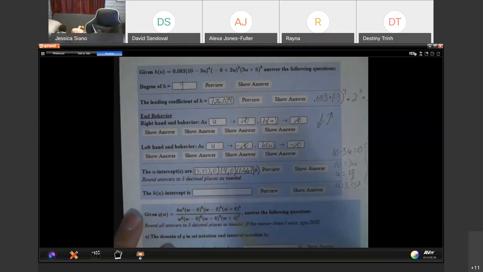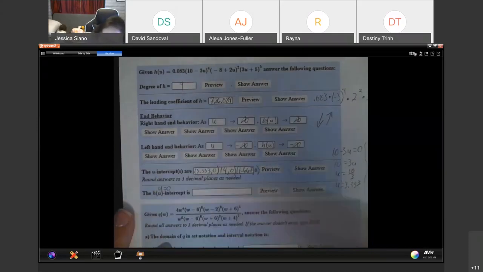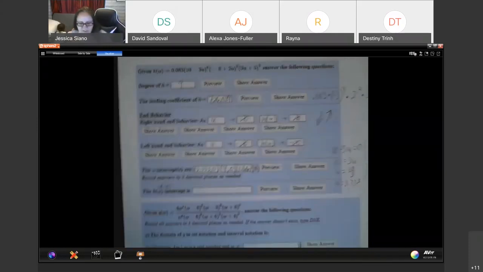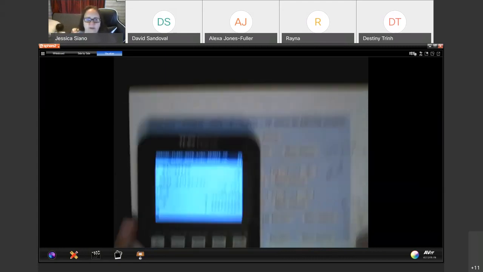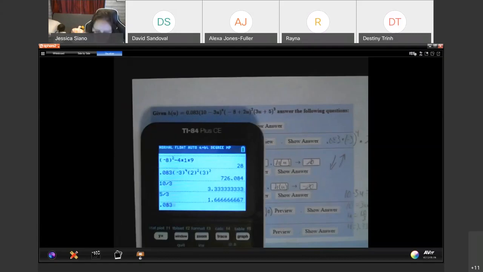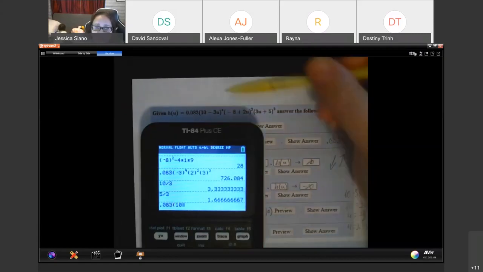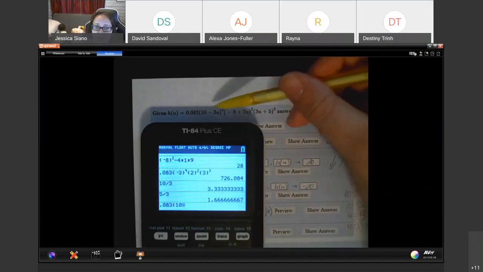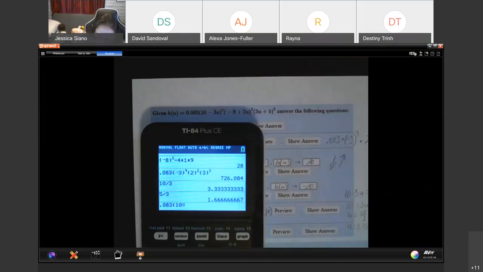And then my h of u intercept is when u equals 0. So I'm going to come back up here and I'm going to say 0.083 times 10. Now this minus 3 times 0 is going to go away. So 10 to the 4th.